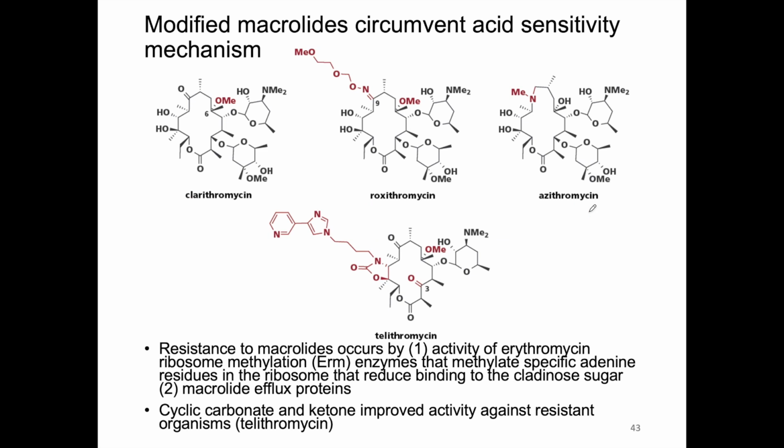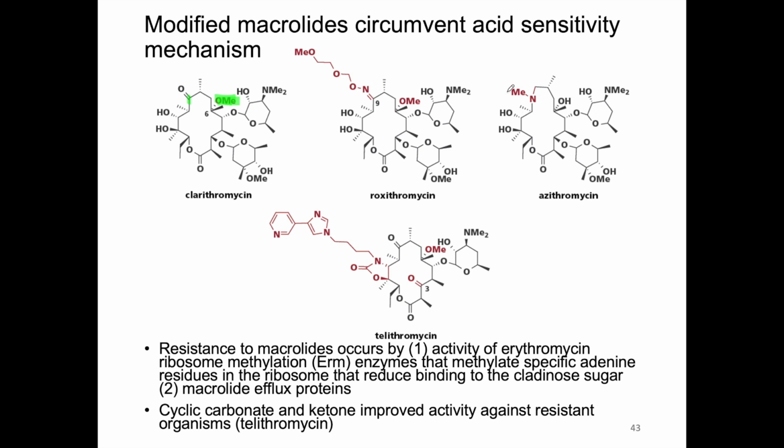Derivatives that have been made to circumvent that are shown here, and they're very rational changes. So the derivative clarithromycin, if we have this methoxy substituent here, remember this hydroxyl is involved in attacking the carbonyl group just here. So when we've made the ether functionality, that can no longer happen. So the acid hydrolysis does not occur.